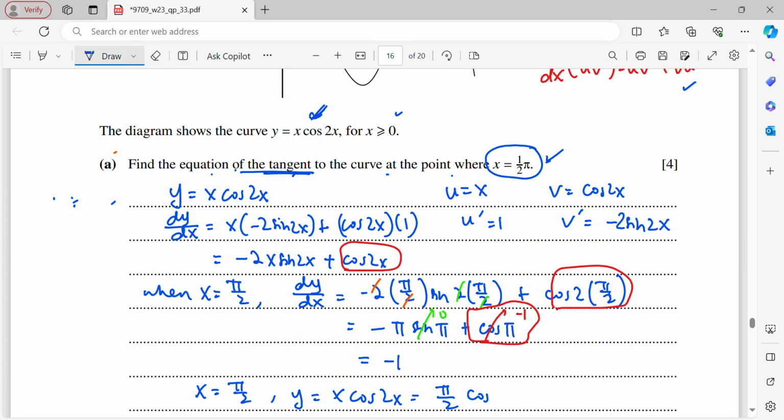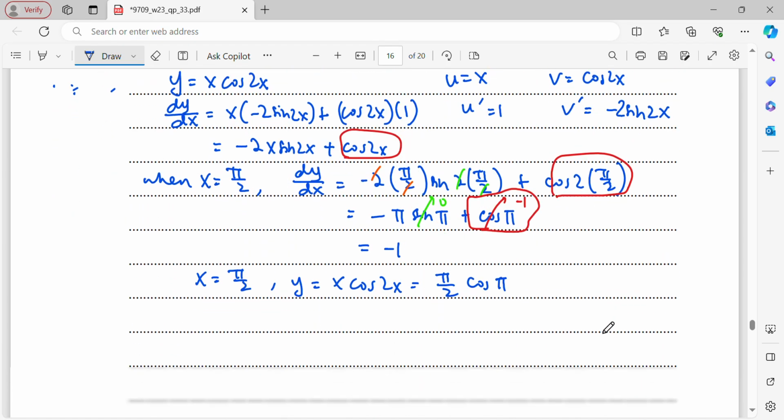Then this is going to be negative pi over 2. Therefore, my point has coordinates pi over 2 and negative pi over 2.